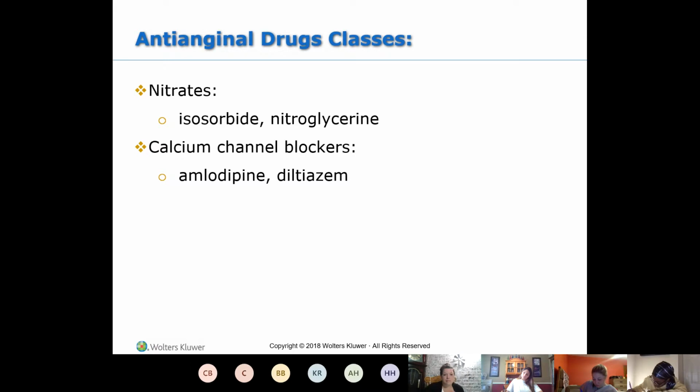So if from here I said, what drug might be used to treat both high blood pressure and angina? Well, they probably all would, but calcium channel blockers are under both of those umbrellas, right? Nitrates aren't going to be our mainstay of treatment just with regular hypertension.